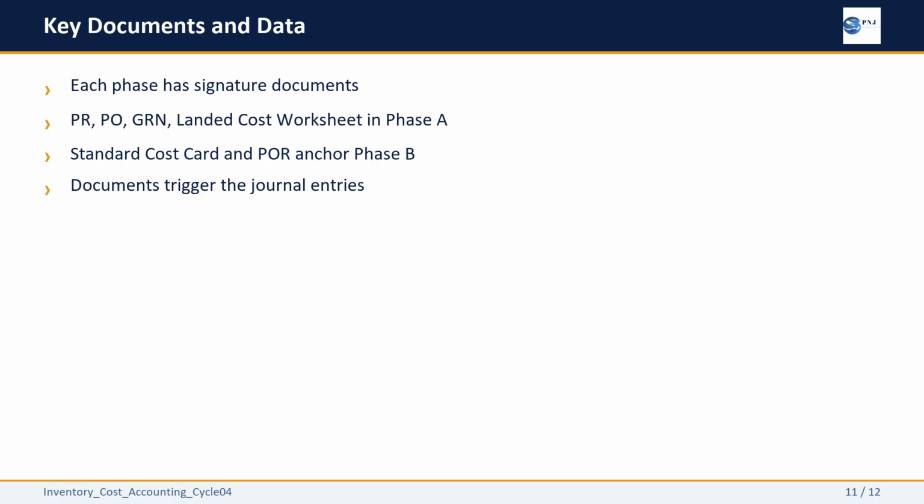Phase C carries job cost sheets and material requisition notes. Phase D produces the variance reports, and phases E and F deliver count sheets, the LCNRV worksheet, the cost of goods sold entry, and the financial statement note. In practice, this means a document is rarely just paperwork. It's the trigger and the evidence for the accounting that follows.